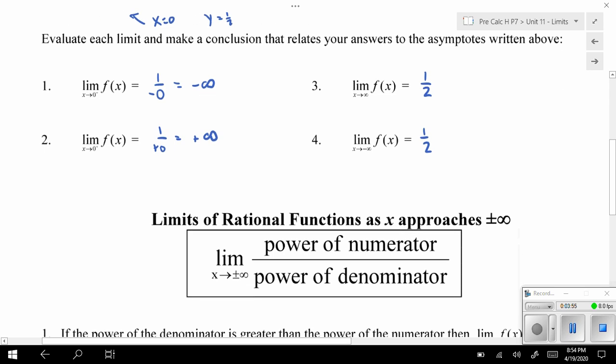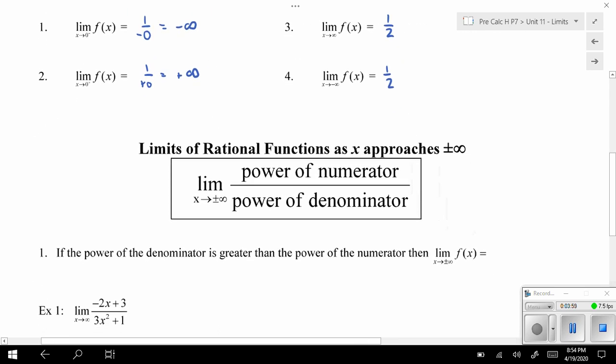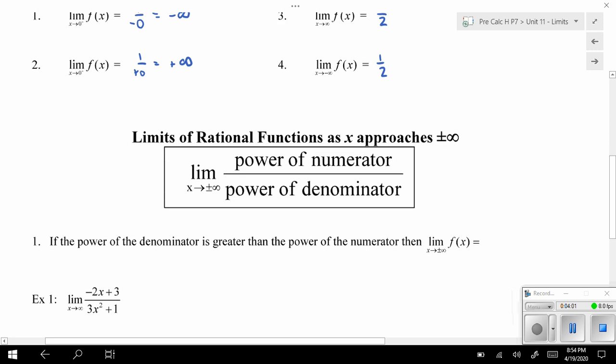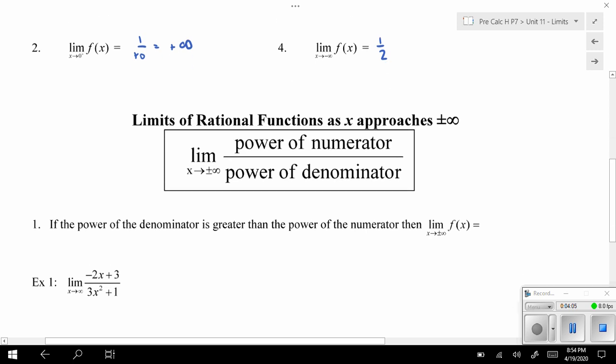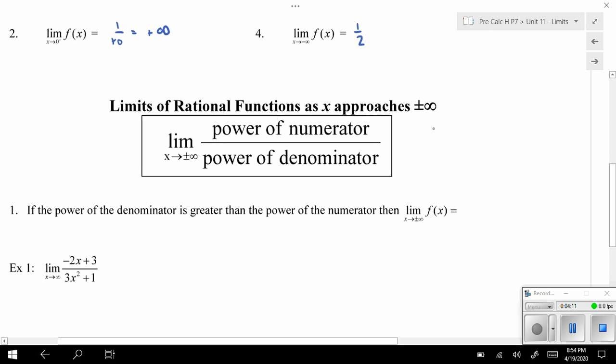And so the limits of rational functions as x approaches positive or negative infinity is based off the power of the numerator and the power of the denominator, and in line with that, the leading coefficients. So if we have top heavy, it could be plus or minus infinity.